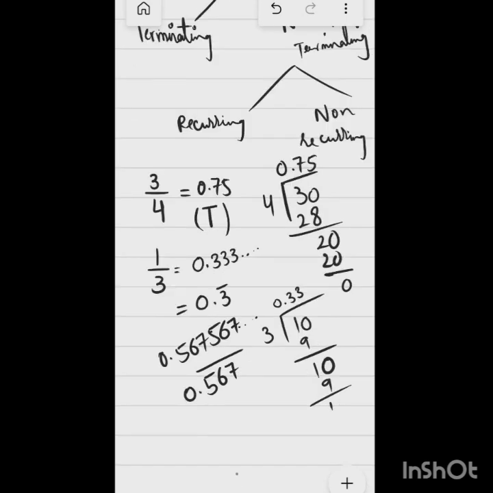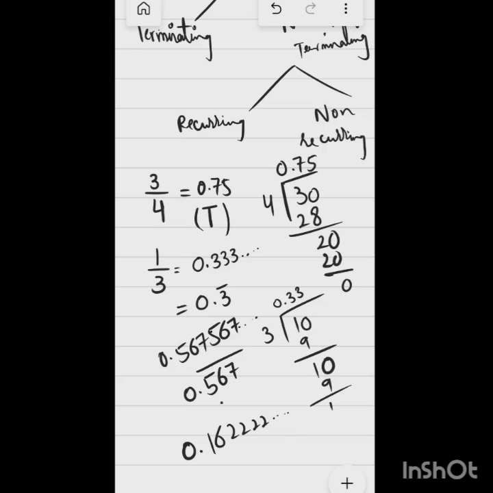There are a few fractions which are recurring decimals, but the repetition starts after some time. We will see those numbers in the worksheet. For example, 0.16 and then there is a repetition of 2, 2, 2, 2. This is also called a recurring number because now the repetition is there.